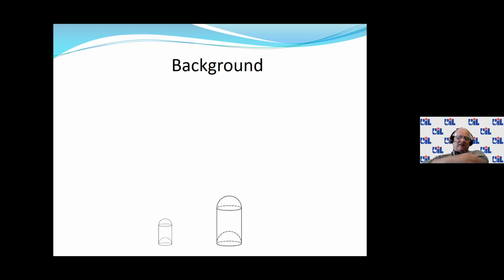So let's talk about scaling problems. The way it's cast, it deals with objects that have the same shape at different sizes. I show 2 down here at the bottom, this sort of hemispherical cylinder thing. Although, as we will see before the session's over, really what it deals with is any relationships that are proportional.